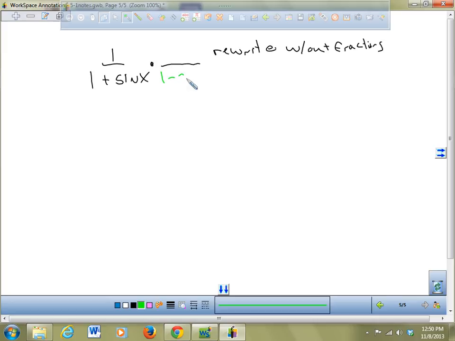So I'm going to multiply by 1 minus sine of x. And most times, that's going to make things disappear. So what I do is I FOIL this. On the top, I just have my 1 minus sine of x. On the bottom, that turns into 1 minus sine squared of x.